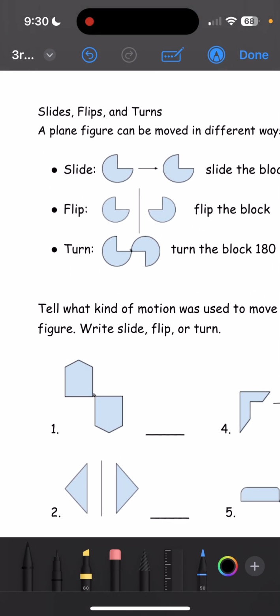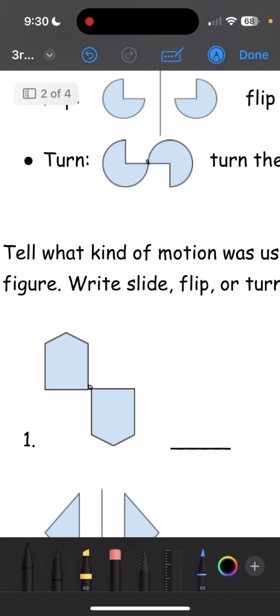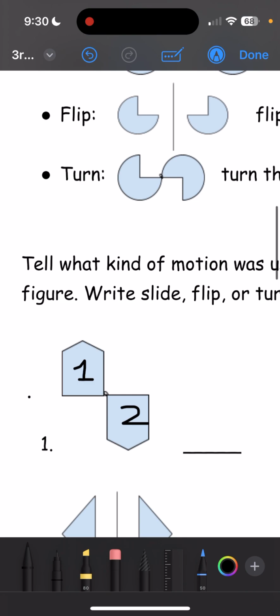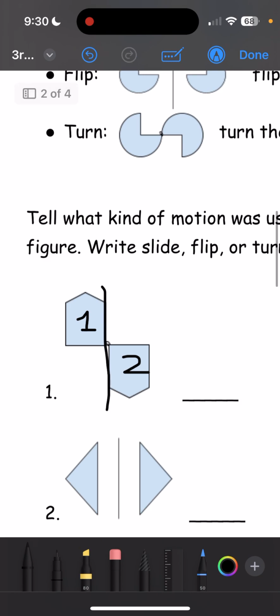Let's just call this figure number one and this figure number two. If figure number one was to slide, it would move left or right in one direction or the other. So we know that it is not slide.